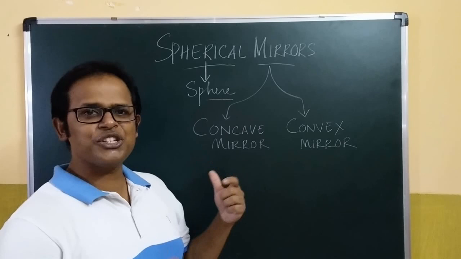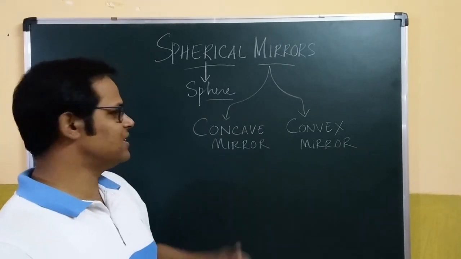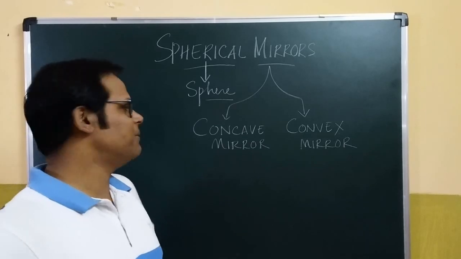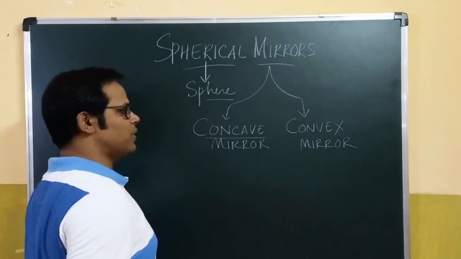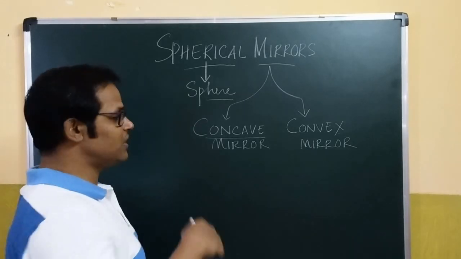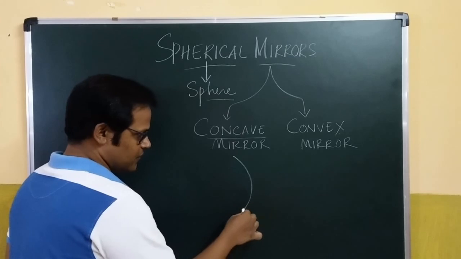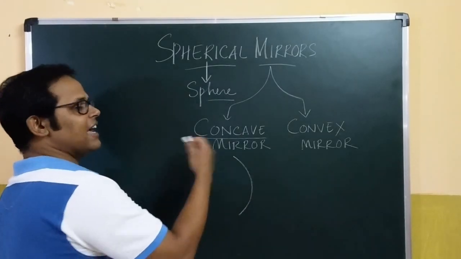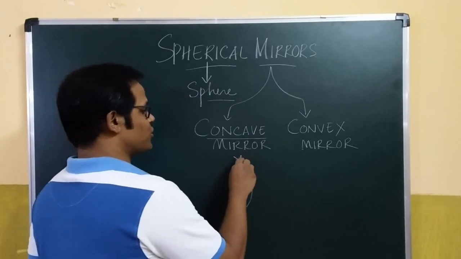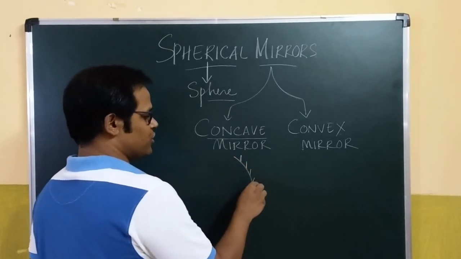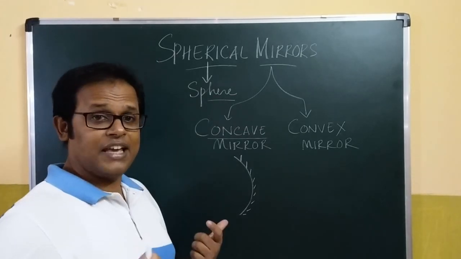These are English words which we have taken up to make our understanding simpler and better. Concave refers to any surface which is curved inwards. Then we attach the word mirror, so it becomes a concave mirror.